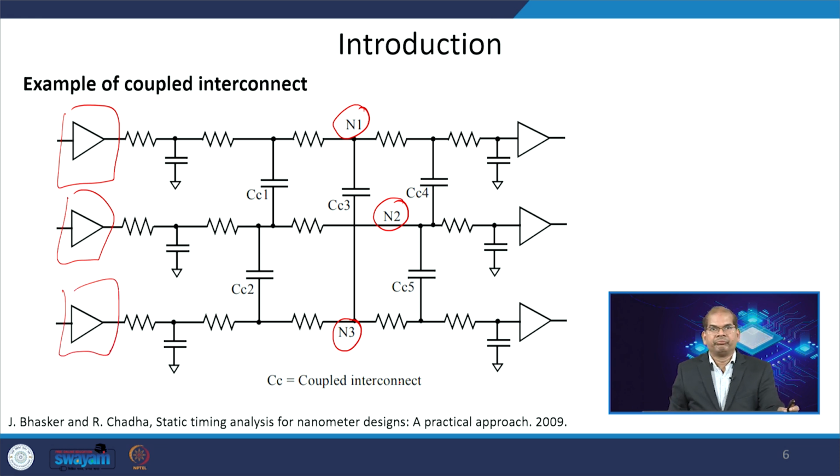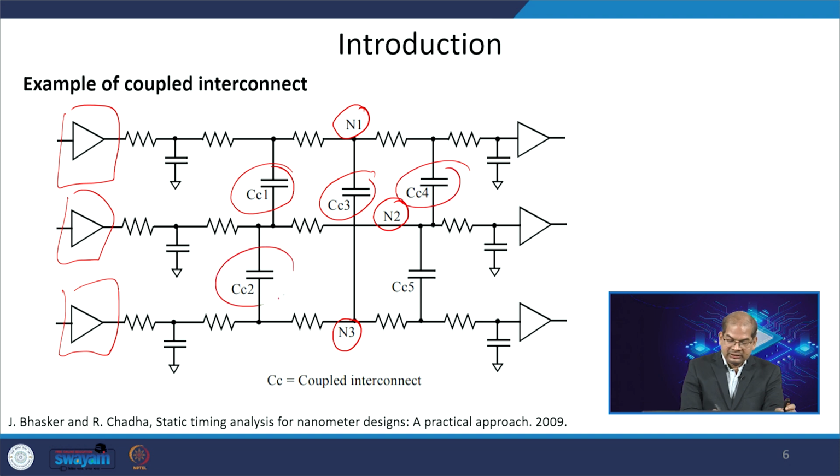If you look here, there are several coupling capacitors, CC1, CC3, CC4, all of these are coupling capacitors. The signal in one line will couple with the other line and it will degrade the transition time and delay, and it will create glitches in the victim net. The aggressor net will affect the victim net.